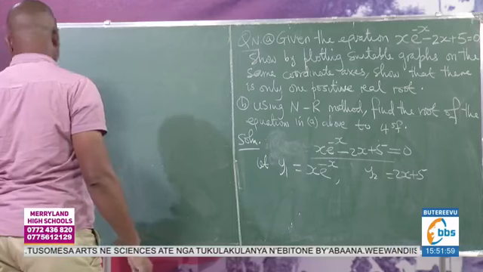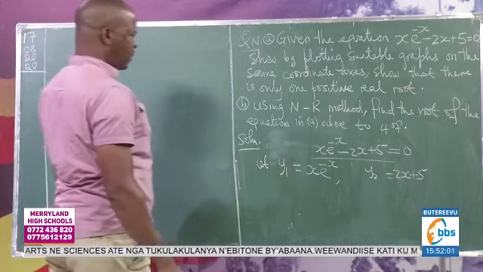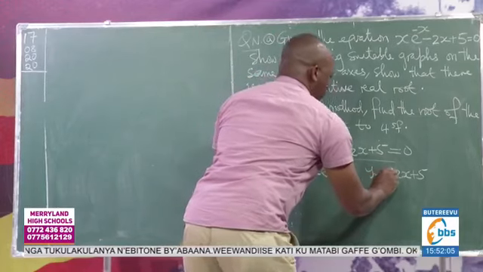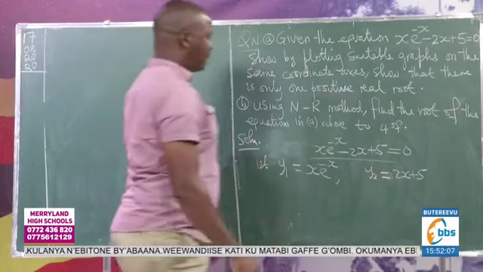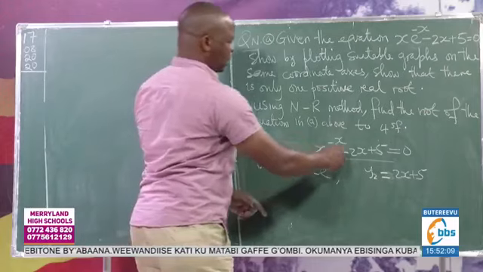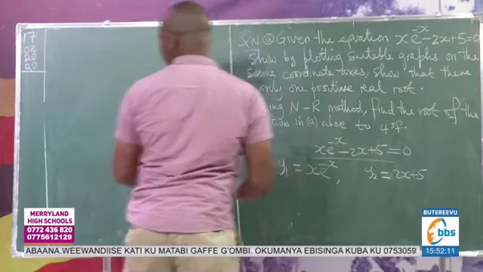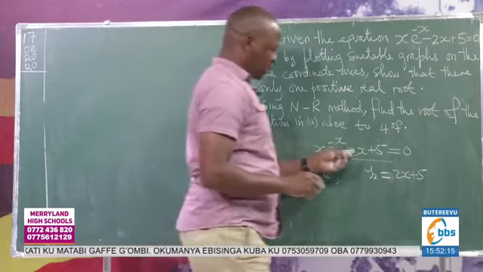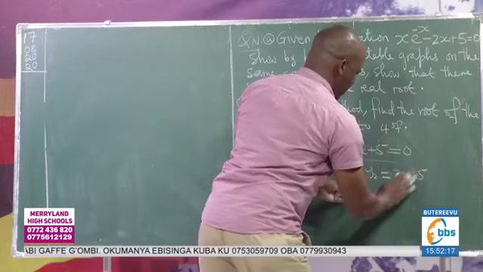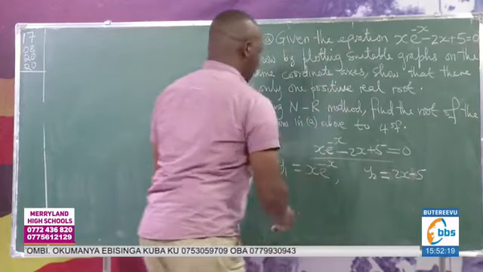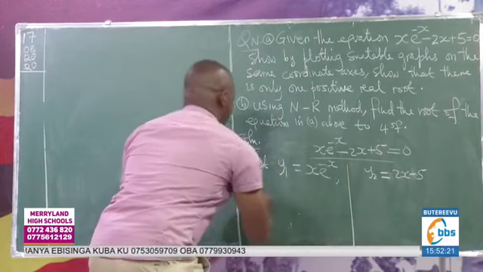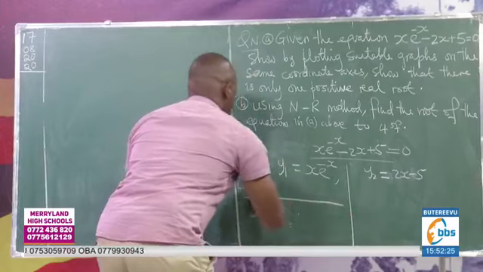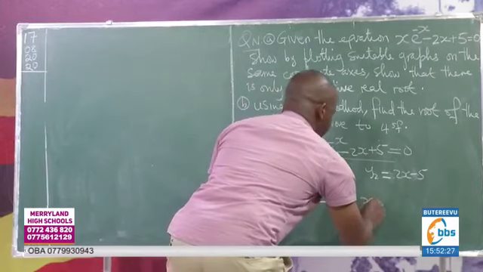It is 2x plus 5 because if we equated the 2, this will go the other side, and therefore it will be a negative. So to plot them on one graph, we will have to find their coordinates for both.